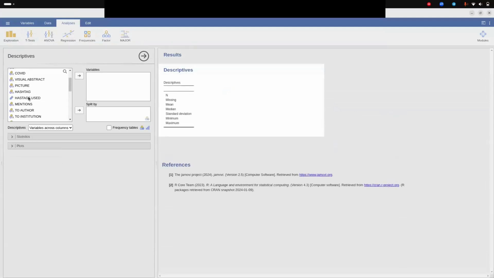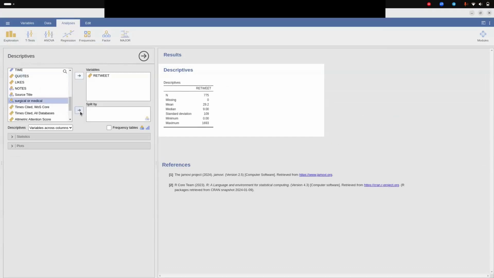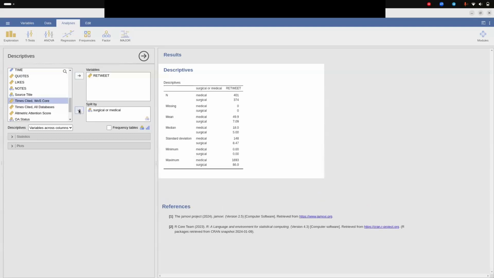I said that I wanted to see if retweets are different between medical and surgical papers. So I'm going to pop retweets here, and I'm going to split it by surgical or medical. And Jamovi straight away gives me a bit of information, as you can see. Probably the thing I want to look at first is: is this data normally distributed?